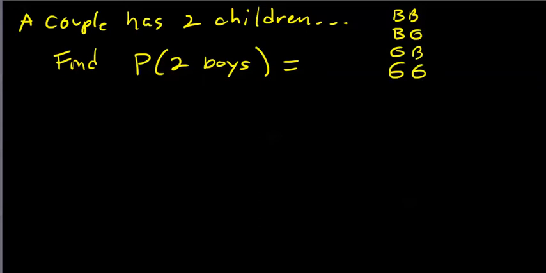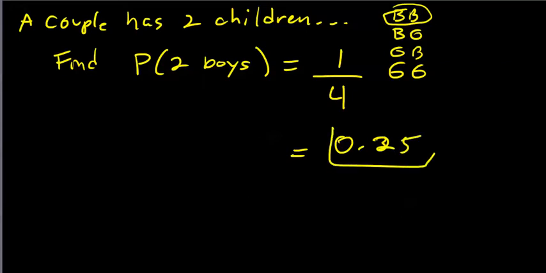So there's four ways to have two children, gender-wise anyway, allowing any child to be of any gender in any order. The probability of two boys, well, only one of these outcomes has two boys. So there's one way to have two boys out of four ways to have two children, again, at least with respect to gender. So I call that 1/4 or 0.25.